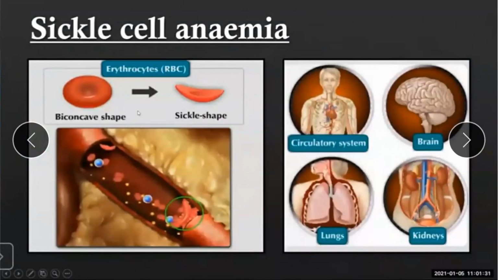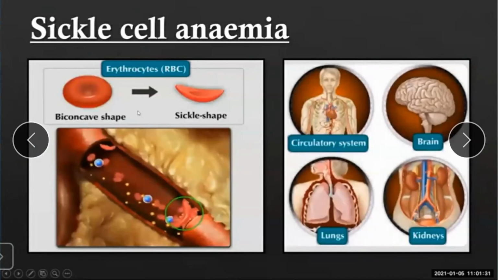Therefore, the oxygen carrying capacity of hemoglobin is reduced, and clumping and destruction of erythrocytes occur.